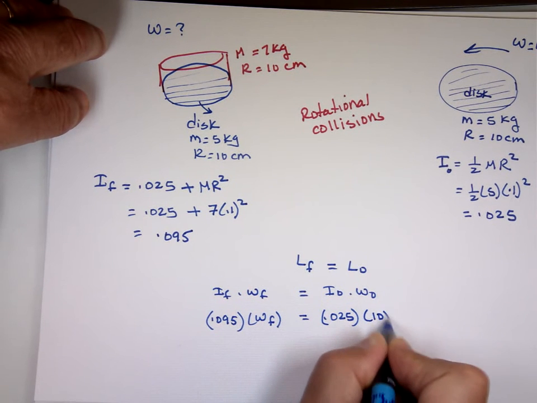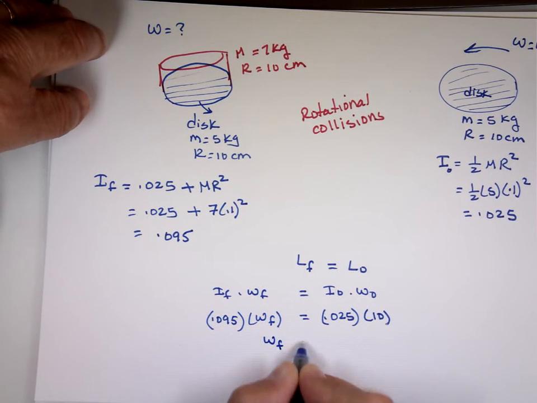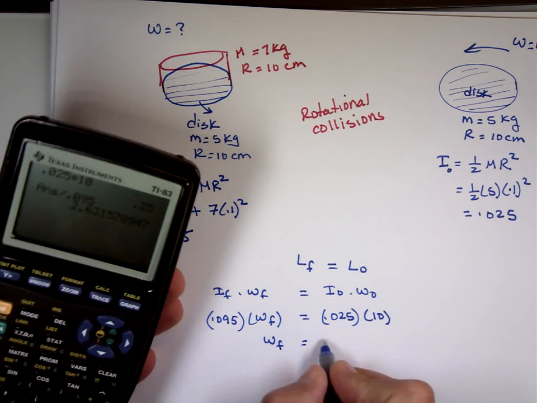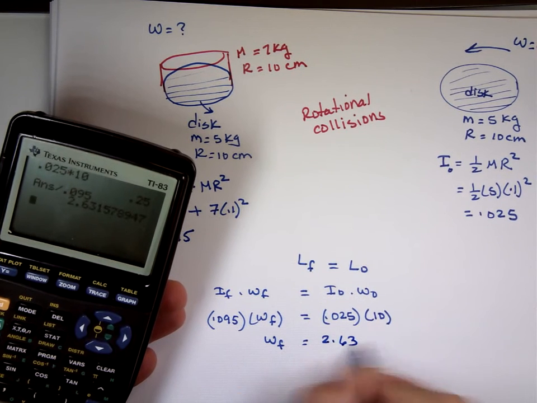Can we get what the final speed is? 0.025 times, oh, that's 10, not 0.1, divided by 0.095. Notice the speed becomes 2.63 rad per second.